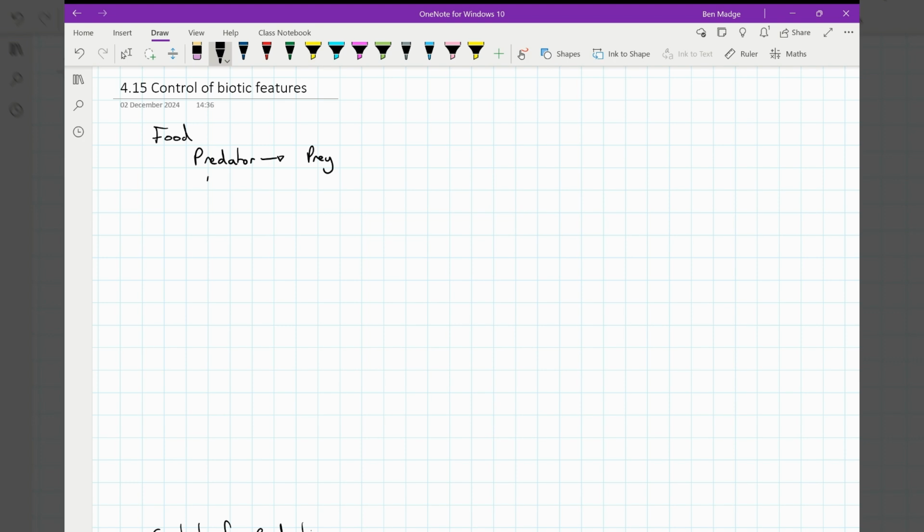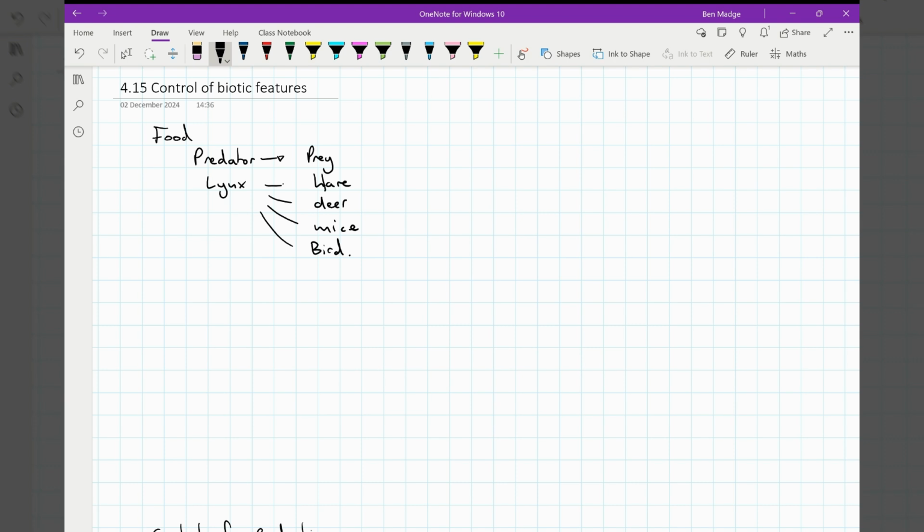So this might be a lynx eating snowshoe hares, but typically they will not rely on one species, they will rely on several species. So it might have deer, mice, different types of bird species, all making up its diet. So if one is absent, there is the opportunity to have something else.